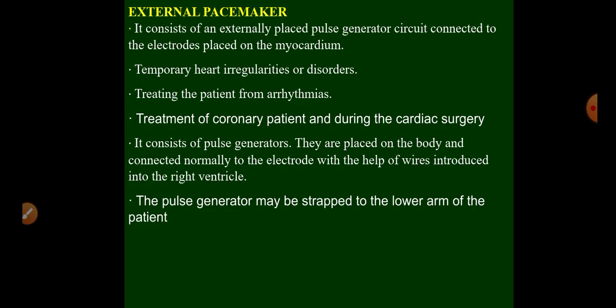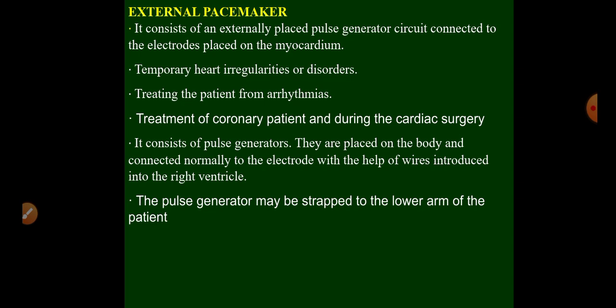Okay, next, the external pacemaker. Basically, an external pacemaker consists of an externally placed pulse generator circuit connected to the electrodes placed on the myocardium. External pacemakers are used for temporary heart irregularities or disorders, for treating the patient from arrhythmias, for treatment of coronary patients, and during cardiac surgery.